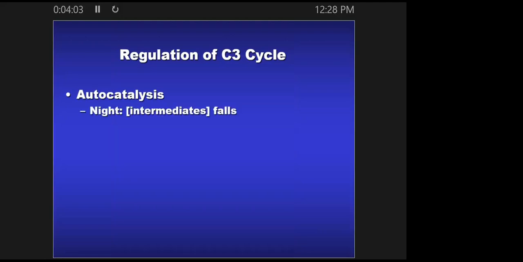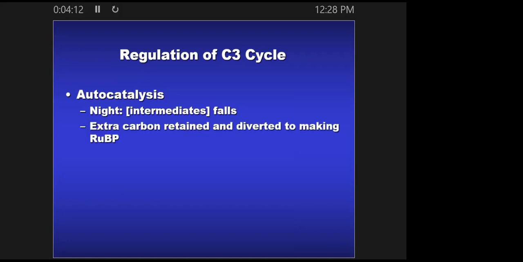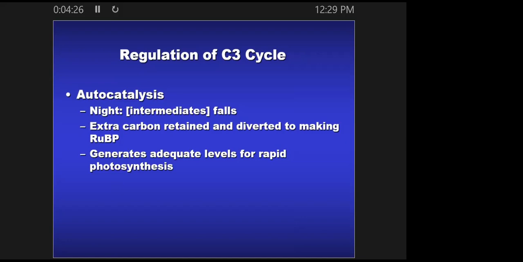Basically what they're saying is at night, the Calvin cycle starts to slow way down and eventually just stop. And so what they're finding is that extra carbon the plant has available gets diverted to making RuBP.